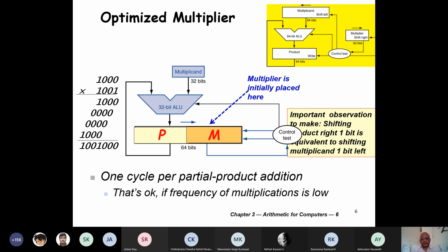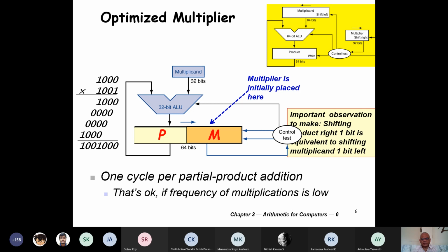And each time we shift right one bit and we test the multiplicand, and then we decide. So there is a control line which just enables the addition or doesn't add. That's all. So this is a much more elegant multiplier.